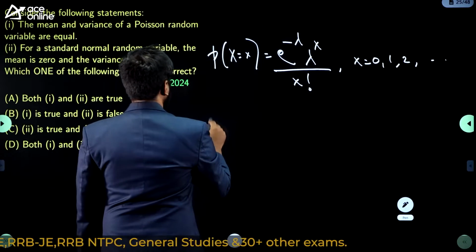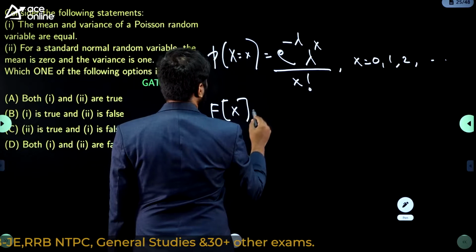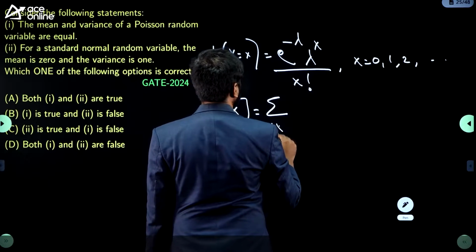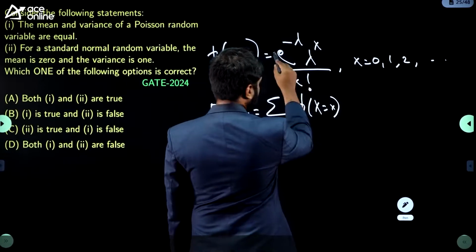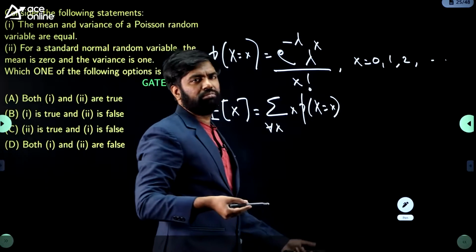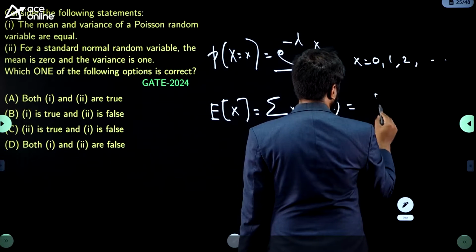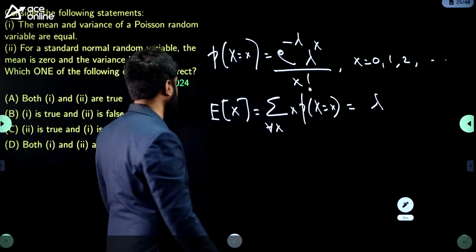If you try to find its mean, because in our classes we give the mean and the variance directly, the definition says it is summation over all x, x into the probability of x. When you substitute then do the simplification, after many steps you will see one simple result, and that is lambda. The mean of a Poisson random variable is lambda.